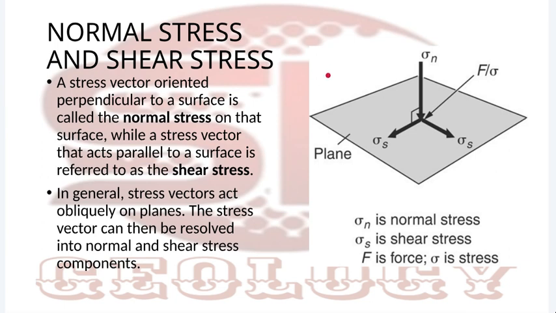Here, in case of stress, when you apply it inclinedly to a plane, it will resolve into three components. One is normal stress, and the other two are shear stress. The normal stress is oriented perpendicular to the surface. The shear stress acts parallel to the surface.